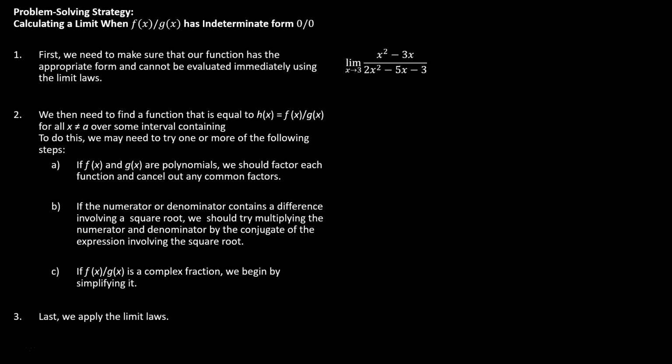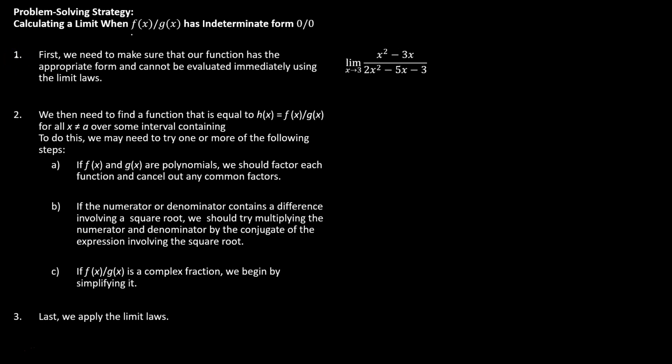So this strategy is specifically for calculating limits of rational functions. So we have a polynomial on top of a polynomial. And this rational function that we're working with does in fact have an indeterminate form. So the first step in our problem-solving strategy, make sure that we actually do have the indeterminate form.